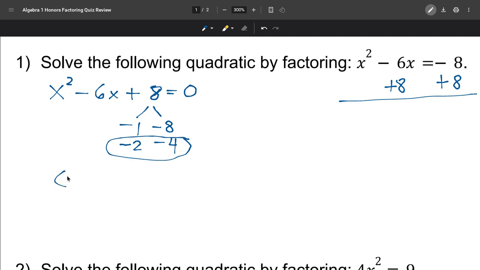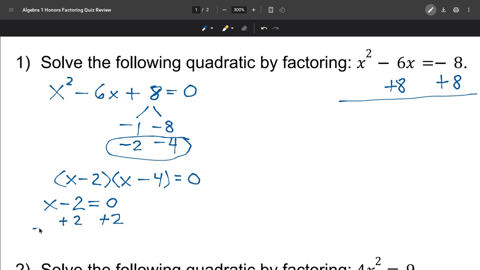So we're going to write this in factored form as x minus 2 times x minus 4. That equals 0. Then we'll set each of the factors equal to 0. So x minus 2 equals 0. We'll add 2 to both sides. 2 minus 2 is 0, so we get x equals 2 as one of our solutions.